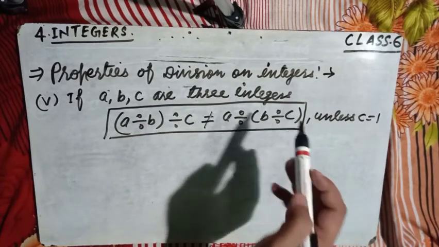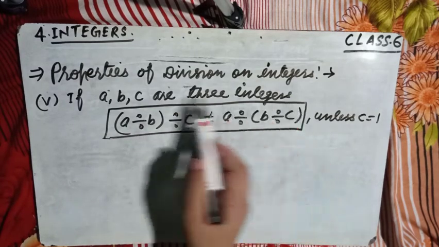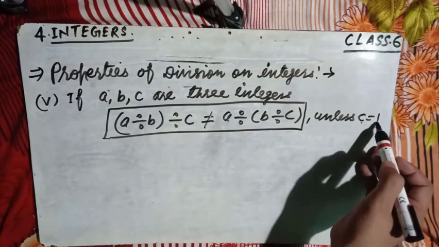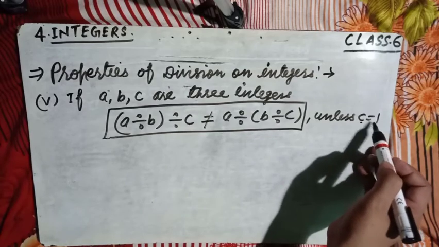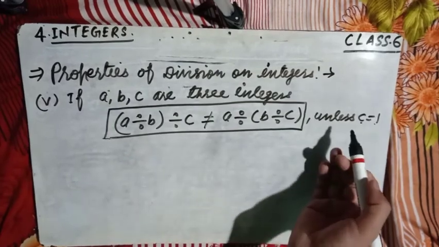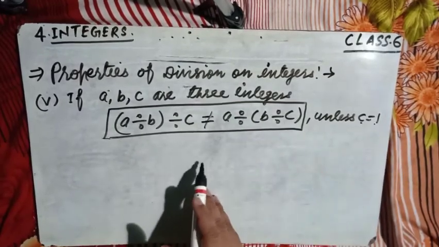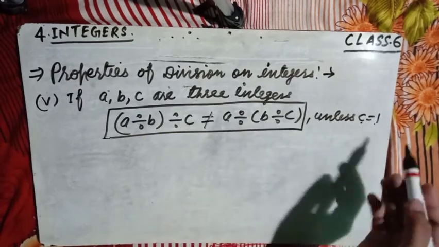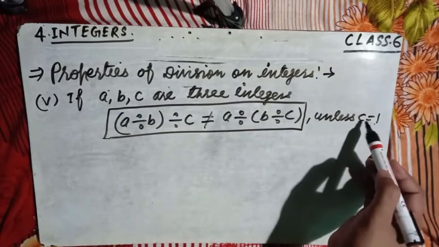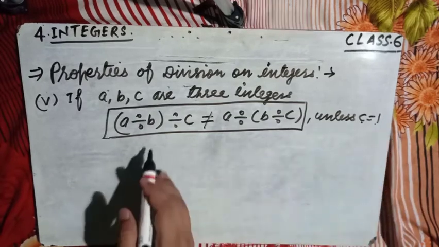This looks like an associative law, but it does not hold. It is equal only when the value of c is equal to 1. If we take c equal to 1, then the left hand side is equal to the right hand side, otherwise it is not equal. The left hand side is not equal to the right hand side if we take any value of c other than 1. Now I hope you will understand.